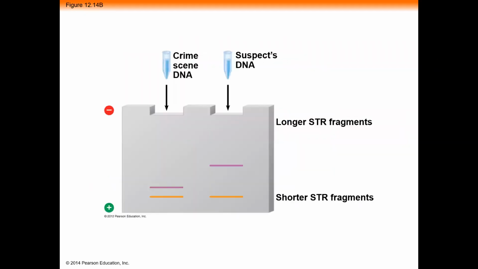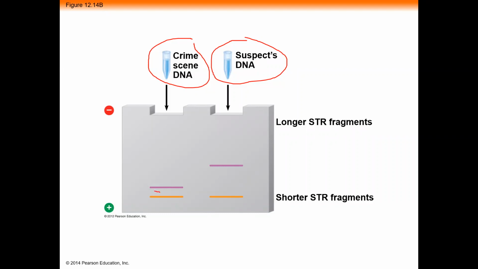And so if you have a suspect in STR analysis, you can put DNA that was found at the crime scene, and you can have a sample of the suspect's DNA. After gel electrophoresis has occurred, you can compare whether or not that person was at the crime scene.